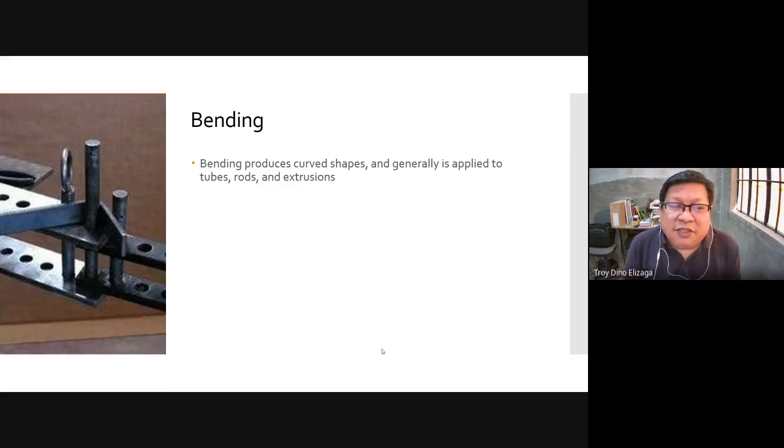Bending is much different because in forming, we're talking about mass production, but in bending, it's more of specific bending of some parts only. Sometimes this is manual, like what we see here. When we apply reinforcement to columns and beams, we have to bend the stirrups. So this is the process that we do.